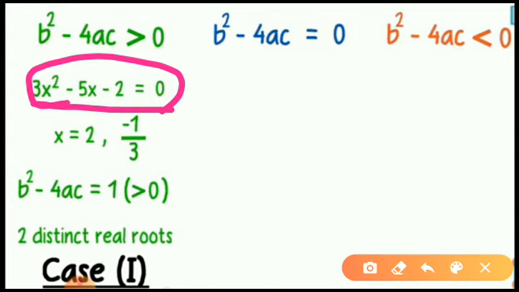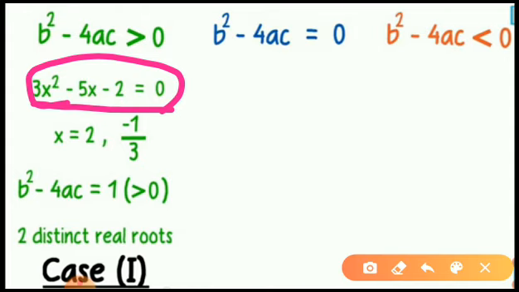So I have got these two roots, and they are distinct, which means they are different roots, and both the numbers are real numbers. Now find the value of b square minus 4ac from the given equation. Comparing with ax square plus bx plus c, the value of a is 3, b is minus 5 and c is minus 2.